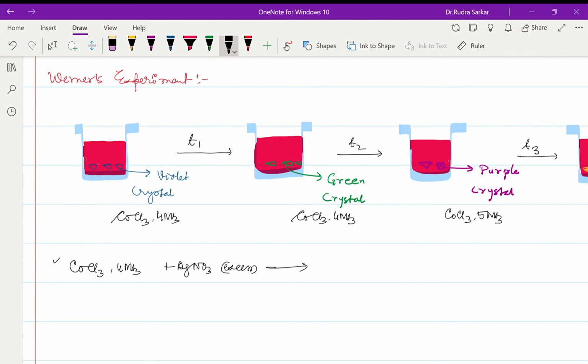He measured the weight, and suppose he got an idea that one equivalent of this salt was giving him precipitate of AgCl, 1 equivalent.